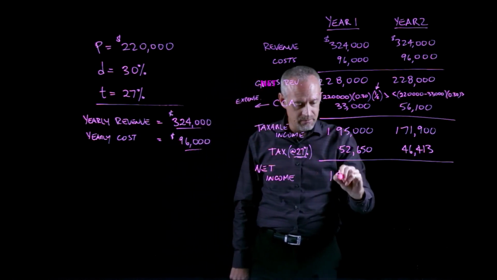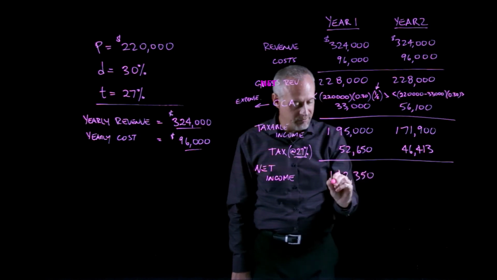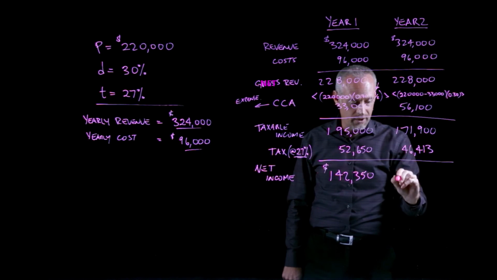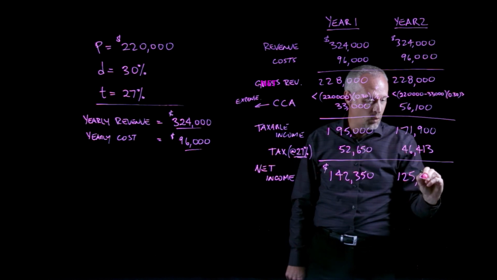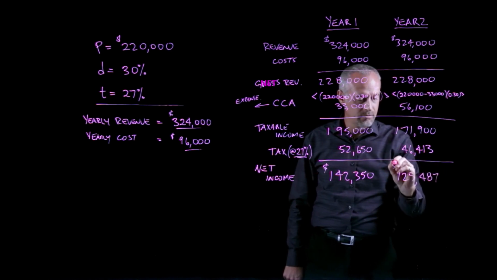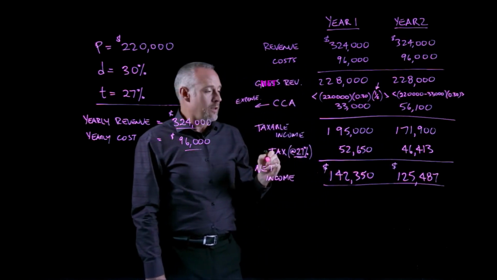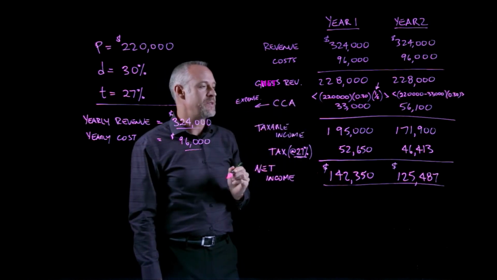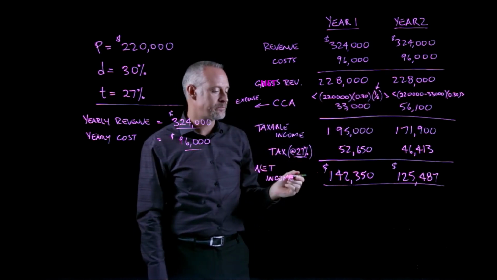And the after-tax income is $142,350 for year one, and $125,487 for year two. So this is how we calculate the net income for a company, taking into account their CCA in a given year, keeping in mind the half-year rule.